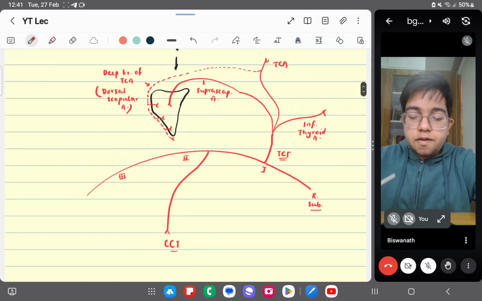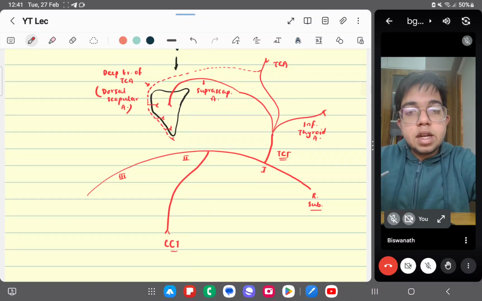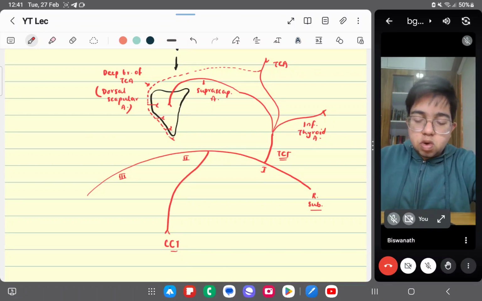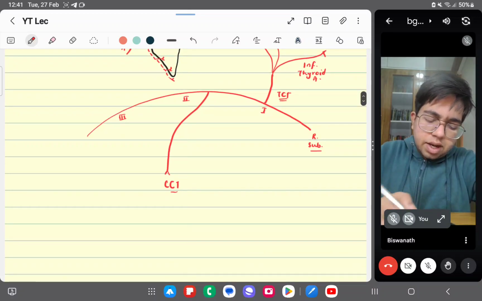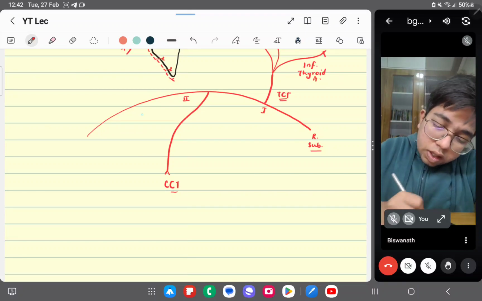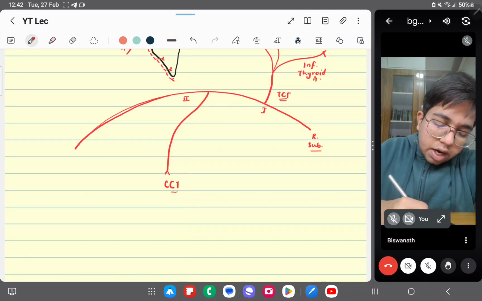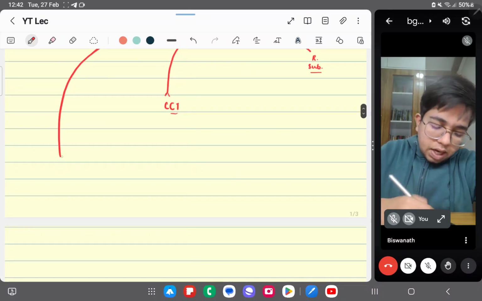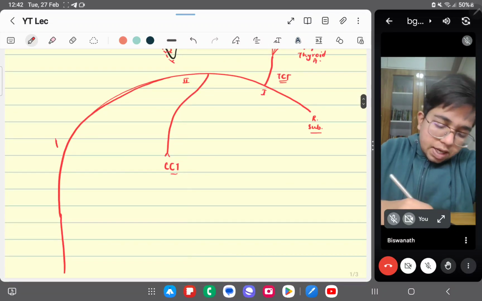Of course the subclavian artery's third part also has branches, but I am not going to that. It is not of our discussion, so let's say it continues. So this one, the right subclavian artery, continues in the axilla portion of our body as the axillary artery.